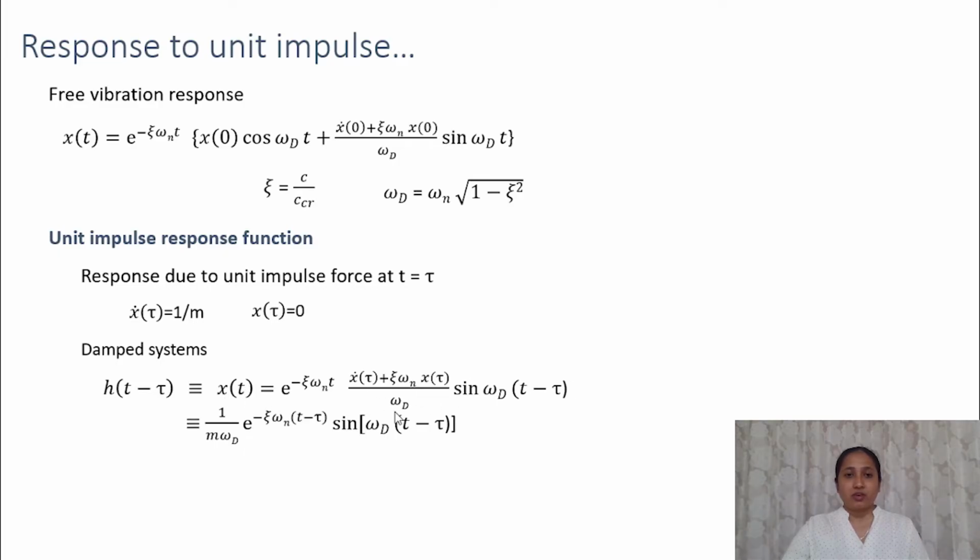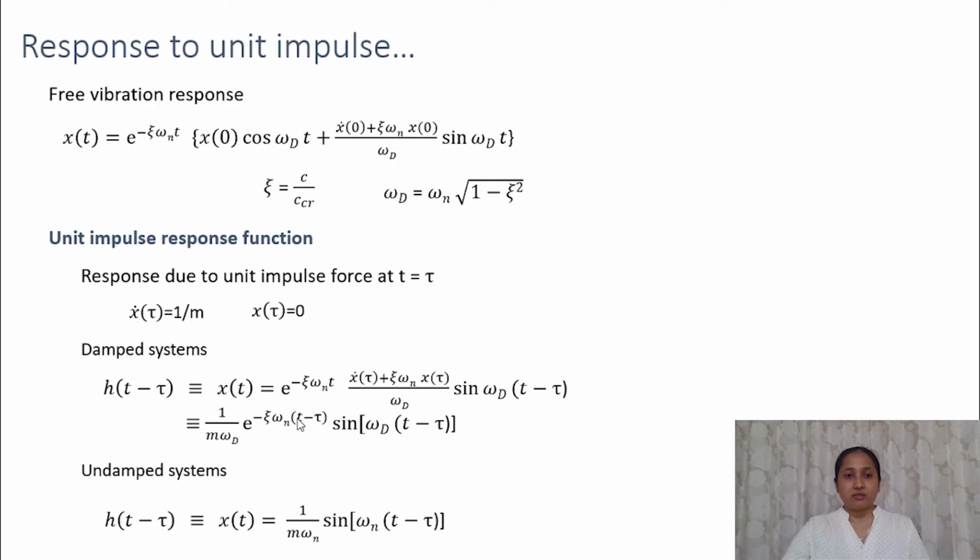So the expression for the unit impulse response for the damped system is this. We can just rearrange the terms, and we would get 1 by m omega d e to the power minus zeta omega n t minus tau sine omega d t minus tau. So this is the response of a damped system under unit impulse.